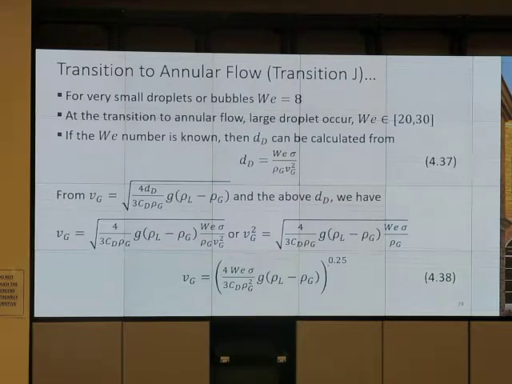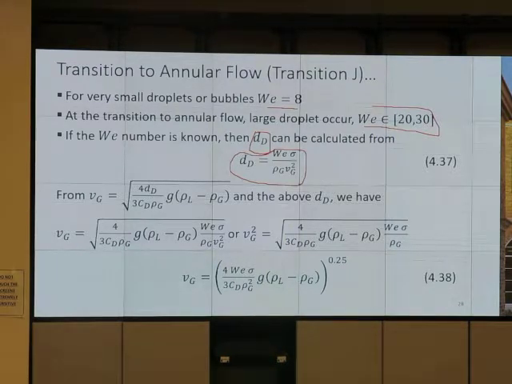For very small droplets, the Weber number equals 8. At the transition to annular flow, we don't have small bubbles, we have large bubbles, and the Weber number is between 20 and 30. If the Weber number is known, d sub d can be calculated from this.